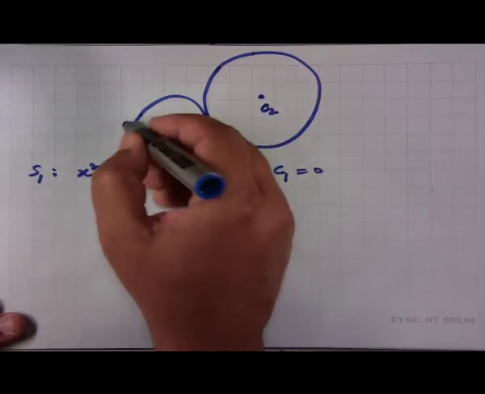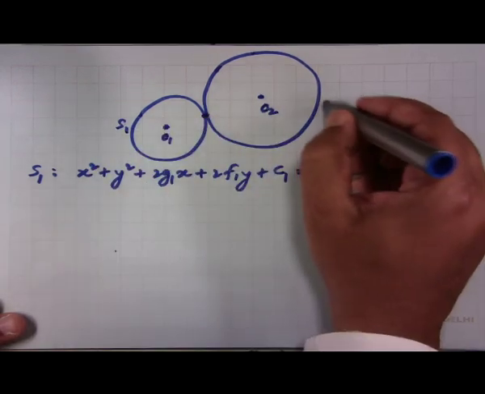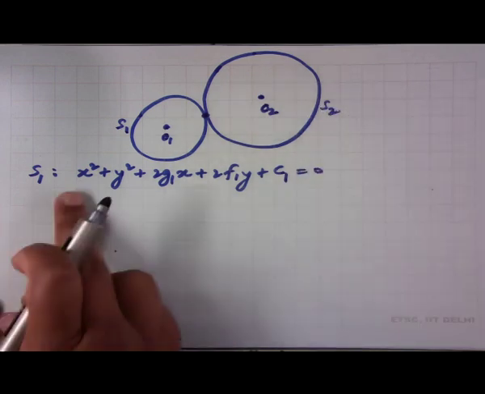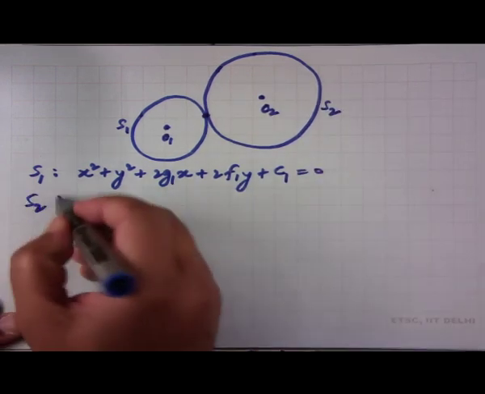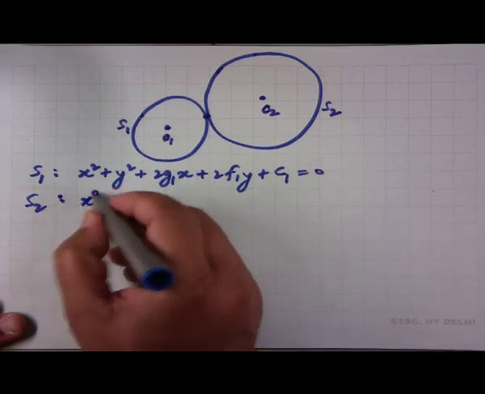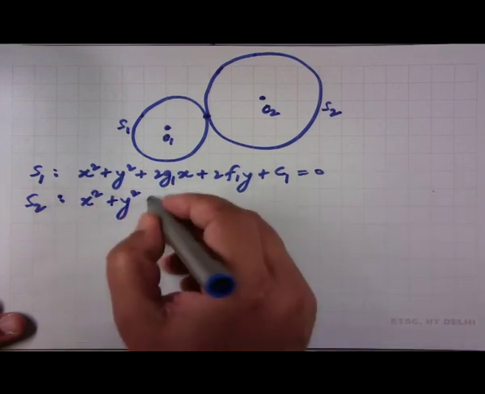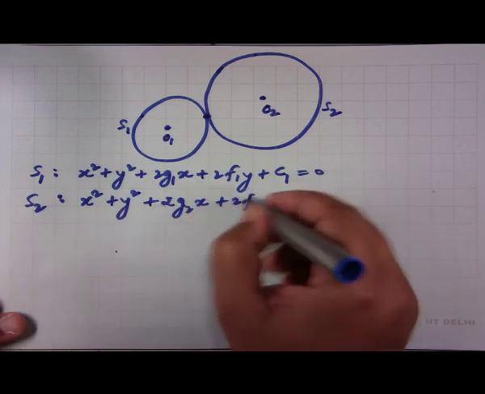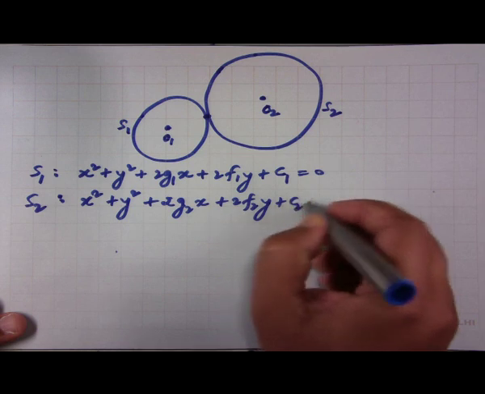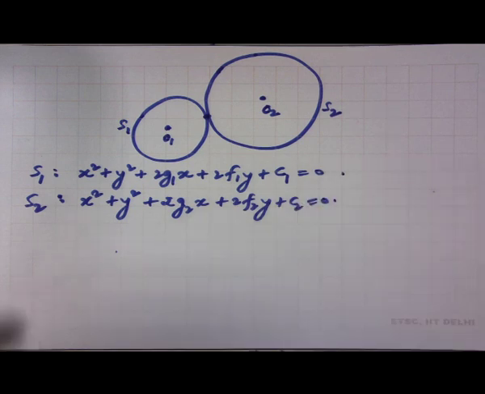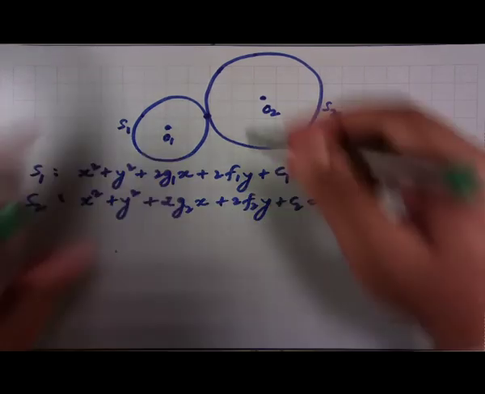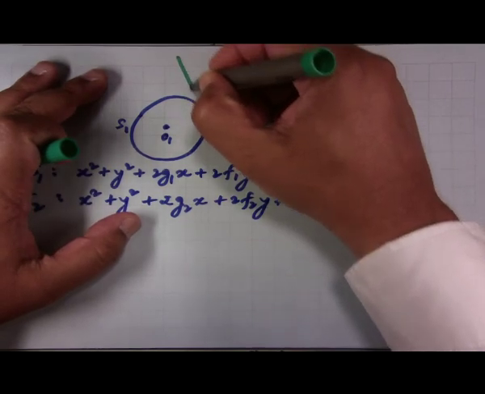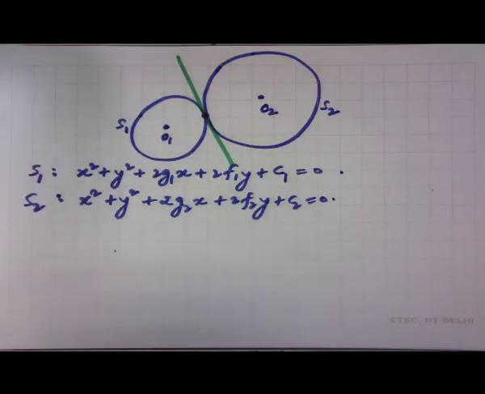This is the first circle S1, this is the second circle S2, this is the equation of the first circle, and this is the equation for the second circle. So, now what is asked of us is to find the equation of the transverse common tangent, which I have drawn in green.